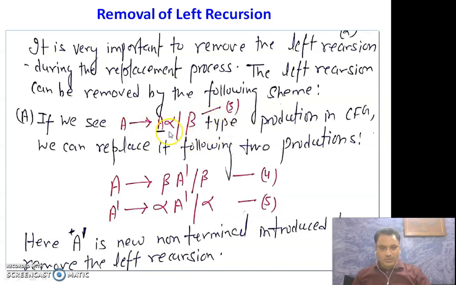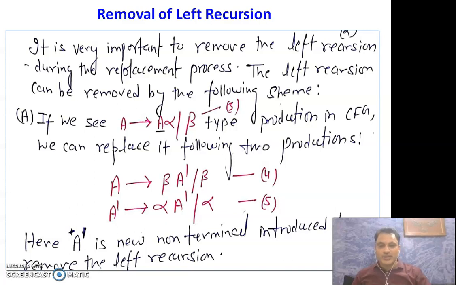In production 3 you can clearly see that, from the definition, this production suffers from left recursion. Why? Because A is calling itself when this production is used for the replacement process to generate the string. So again A will generate A alpha and this will create a left recursion.